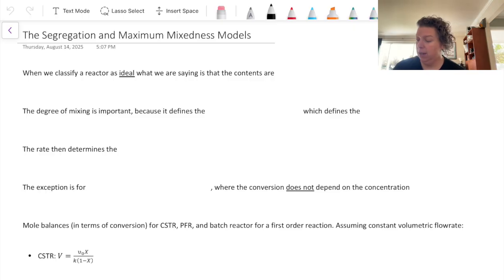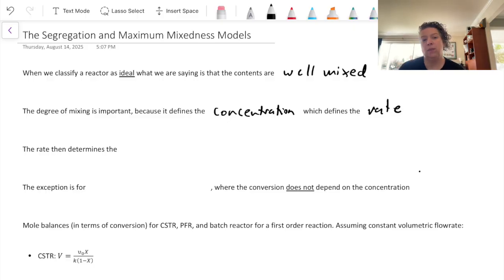When we classify a reactor as ideal, what we are saying is that the contents are well mixed. However, real reactors don't have this perfect mixing like in ideal reactors. The degree of mixing is important because it defines the concentration within the reactor, which defines the rate.